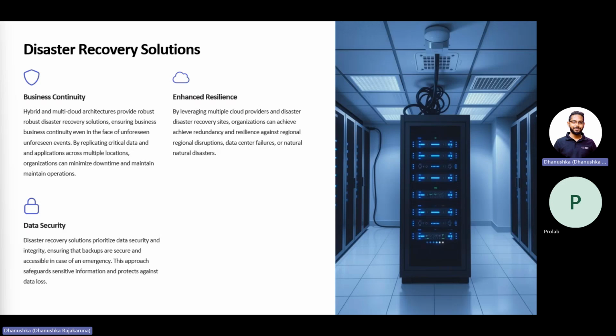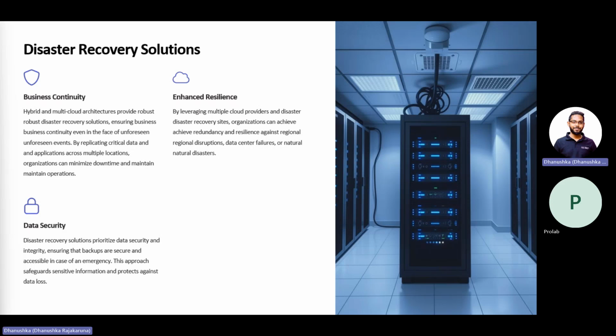Steps for designing an effective DR plan: risk assessment and impact analysis, identifying potential threats and their impacts on operations, then setting objectives, defining RTO and RPO. RTO means recovery time objective, RPO means recovery point objective. Then choose the right solution, implement redundancy, automate the DR process, and do continuous monitoring and optimization.